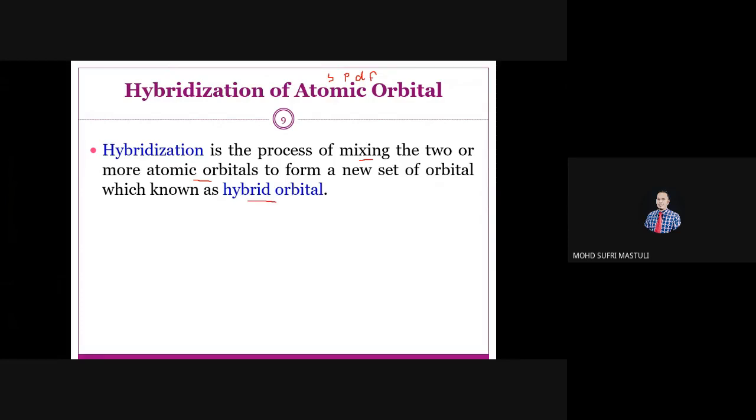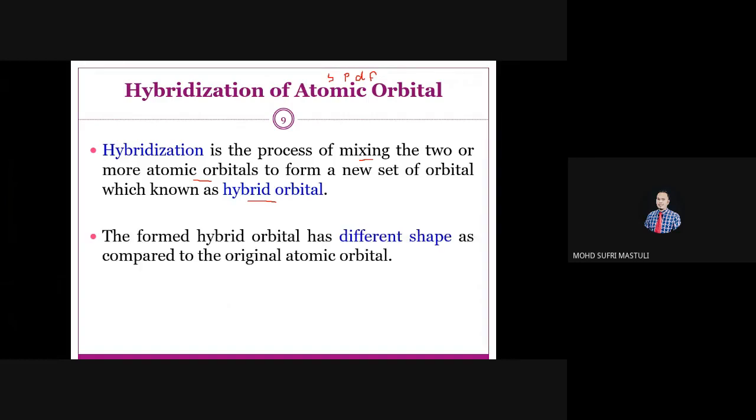By mixing these, we produce hybrid orbitals. The process of mixing, we call hybridization. The hybrid orbitals formed from the mixing have a different shape compared to the original atomic orbitals.